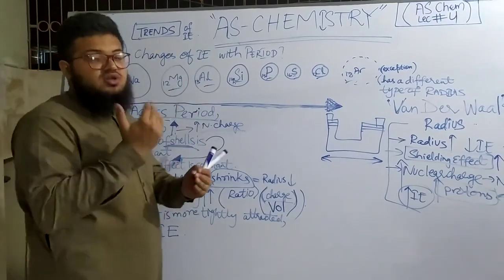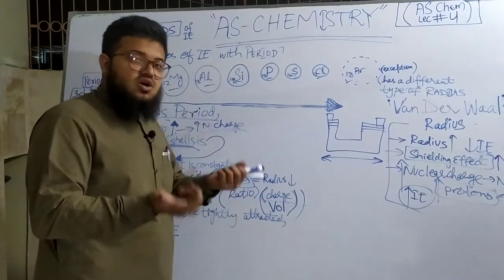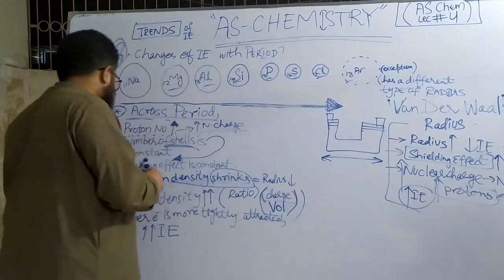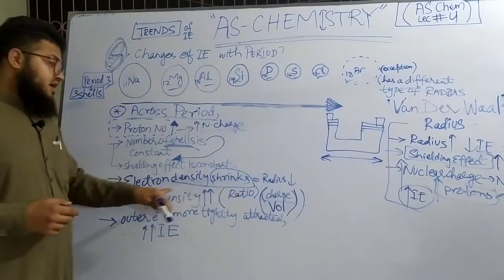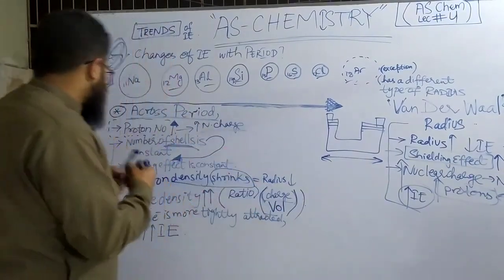Effective nuclear attraction actually means the nuclear attraction per electron, it has to increase, because the total protons in the nucleus are increasing. Therefore, if electron density shrinks, that means the radius is shrinking.